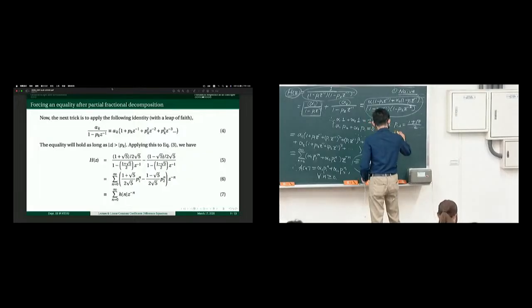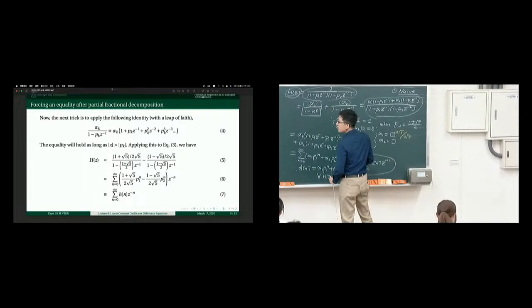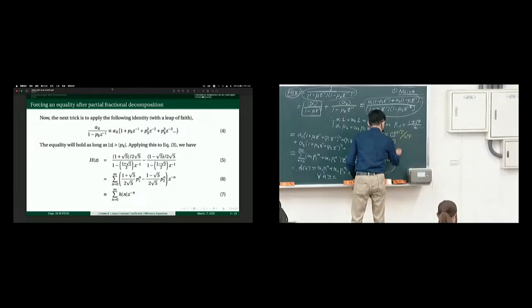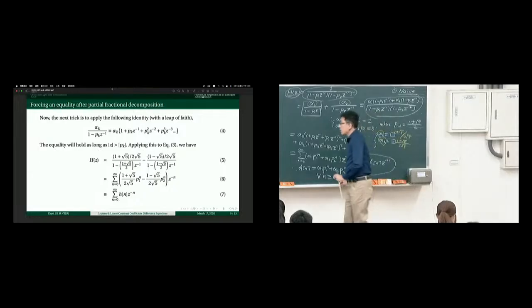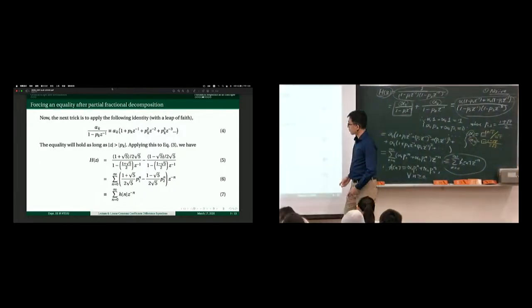Alpha 1 should be 1 plus square root of 5 divided by 2 times square root of 5. Whereas alpha 2 is pretty similar, with a minus sign: minus 1 minus square root of 5 divided by also 2 times square root of 5. So that's alpha 1 and alpha 2, which can be figured out using one way or another. It's pretty straightforward, although you need to be careful for this example.